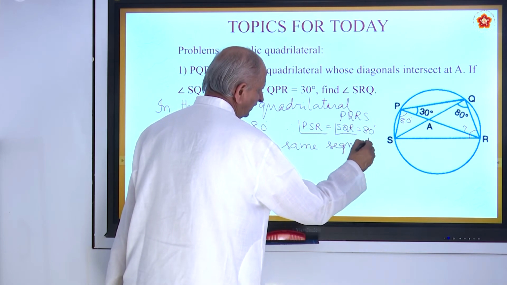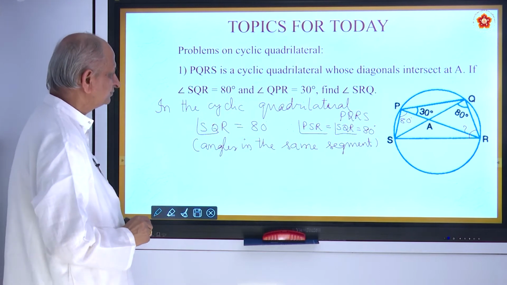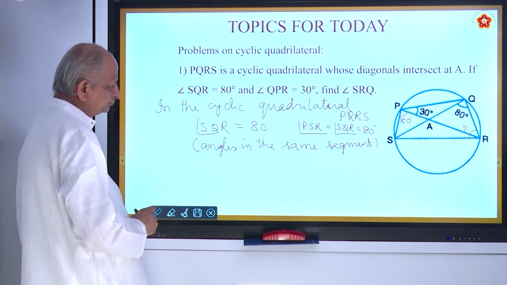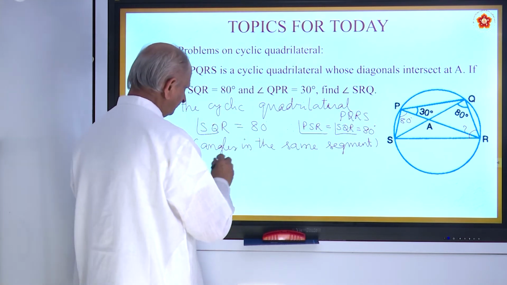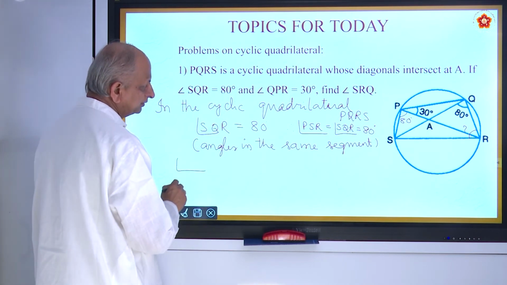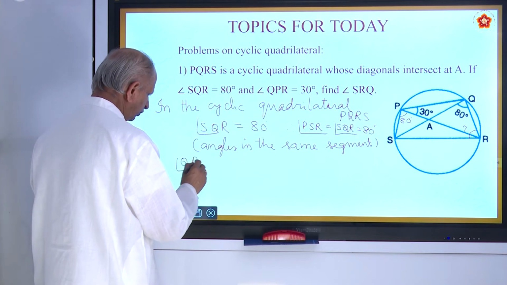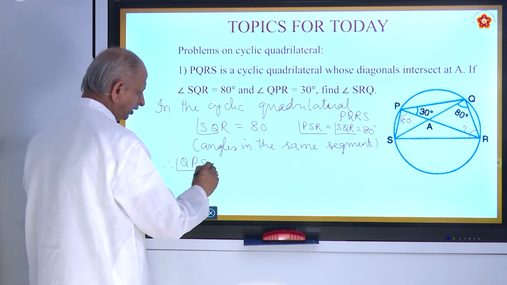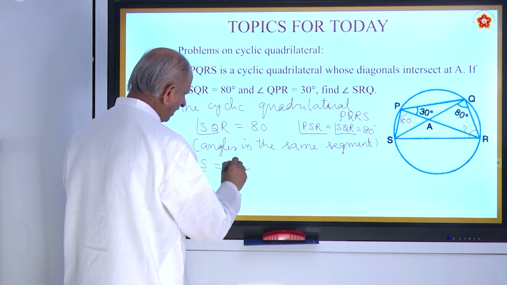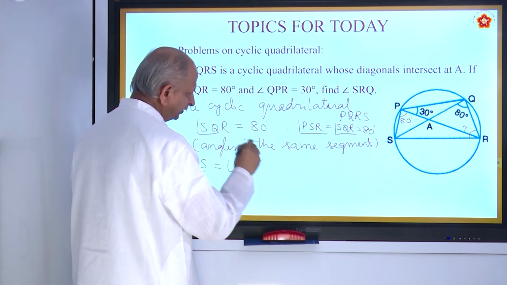Angles in the same segment are equal. So, what will angle P become? 80 plus 30. Therefore, you are given with 30. Angle QPS is equal to QPR plus SPR.